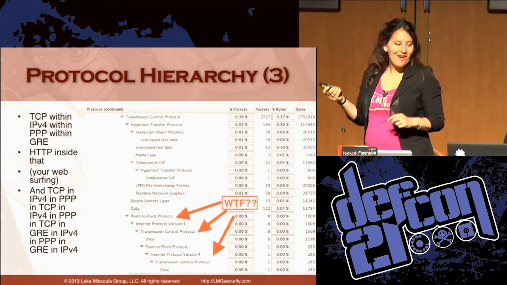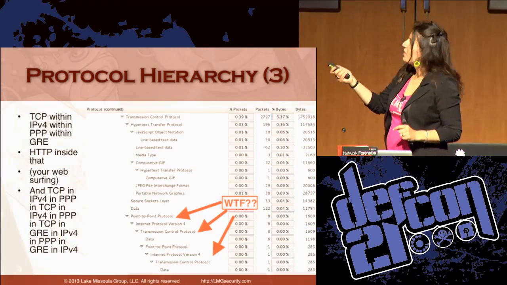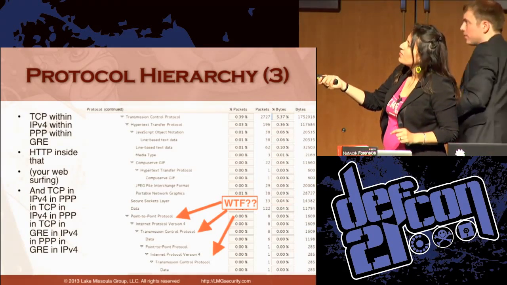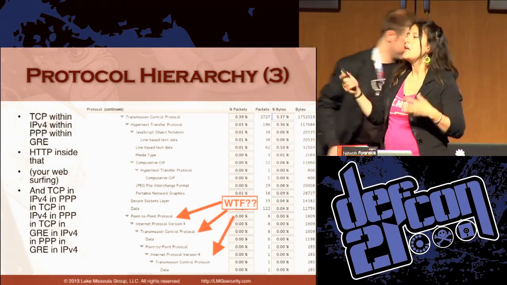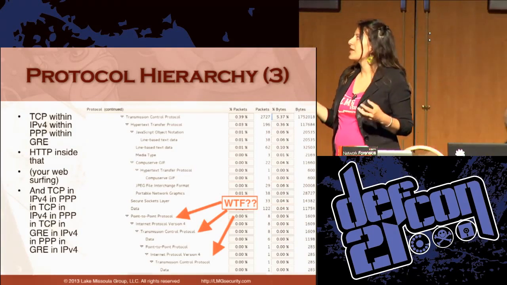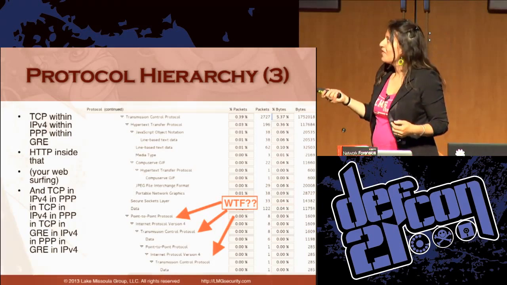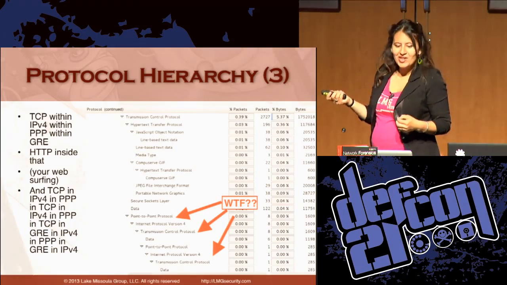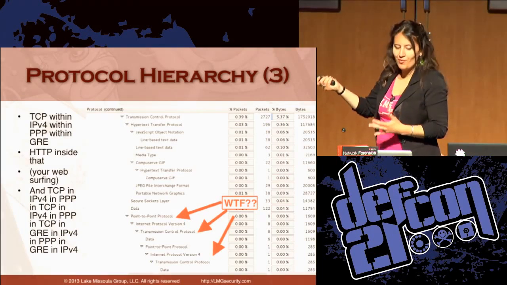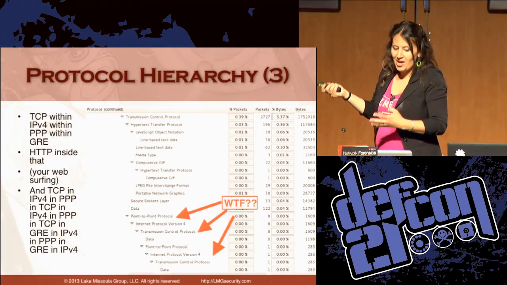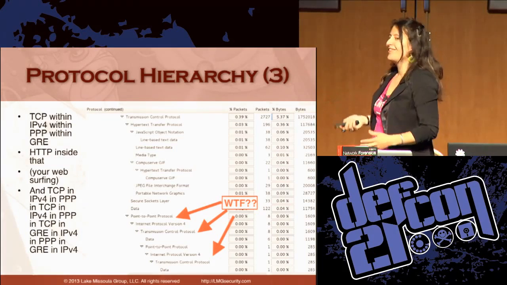All right, so we have TCP within IPv4, within PPP, within GRE. And this is where your web traffic lives, right around here. In some cases, Wireshark can actually dissect that far and pull out some of the higher layer traffic. And then we go down here. You see TCP in IPv4 in PPP, in TCP in IPv4 in PPP, in GRE in IPv4 in PPP, in GRE in IPv4. And we're not done.